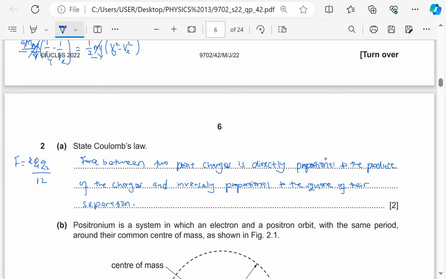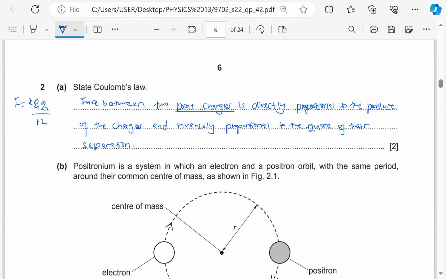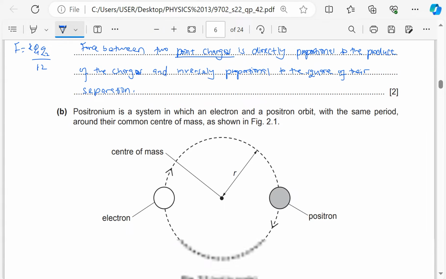Okay, so that is Coulomb's law. It is always between 2 point charges. Those are charges whose separation is much bigger than the size of the charge.